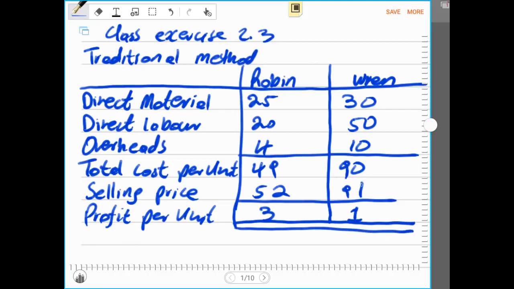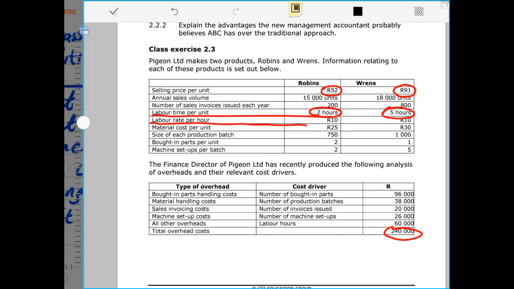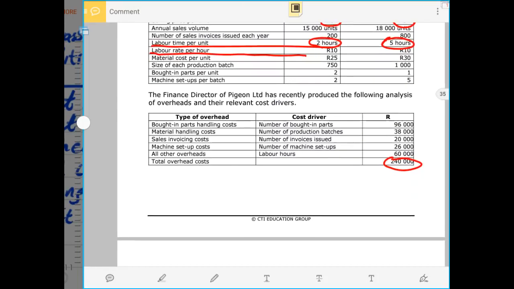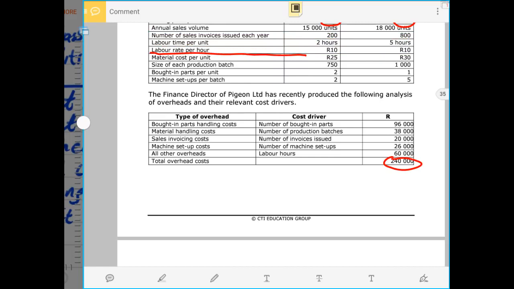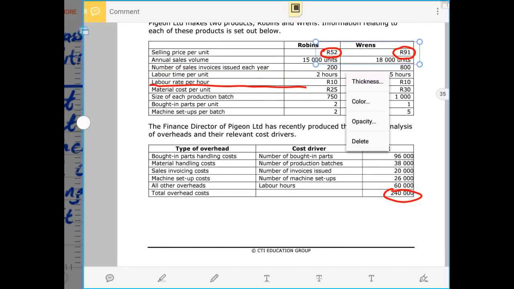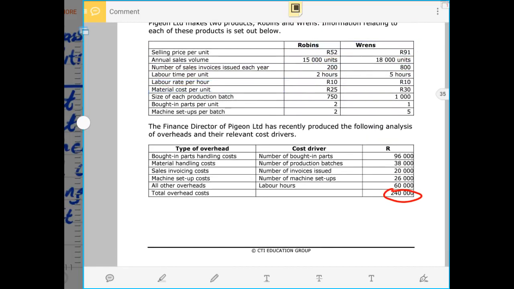At the end we made a profit in both instances. So this was the first requirement, where we calculated the total cost and the profit per unit using the traditional method of allocating overheads.